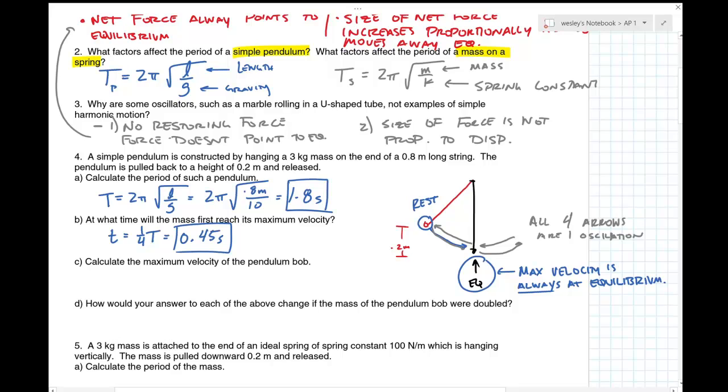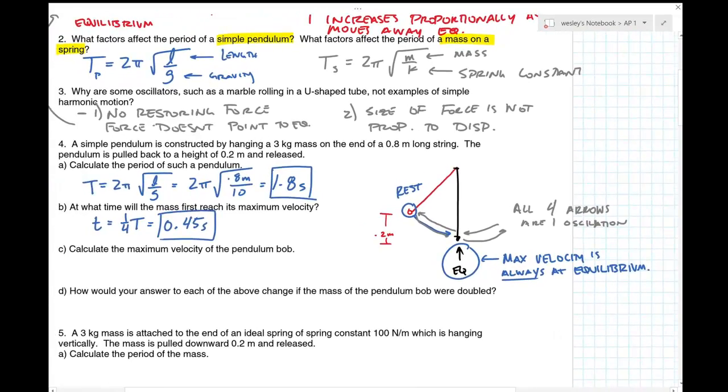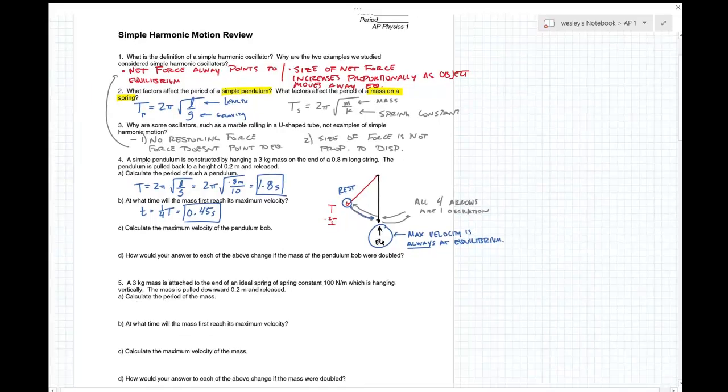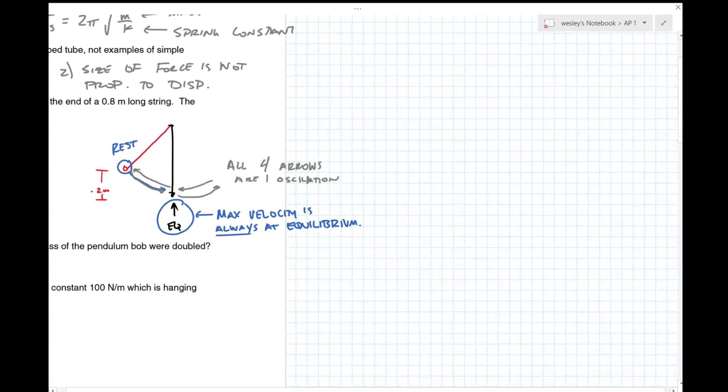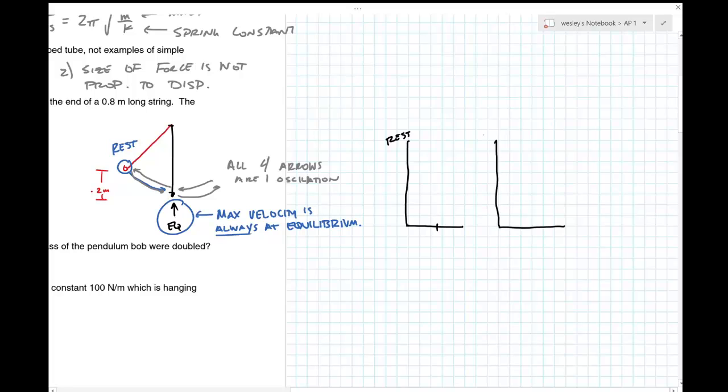Part C is to calculate the maximum velocity of that pendulum bob. To do that, I'm only going to do it once, but we'll refer to this idea as we go through the review from now on. We're going to make those energy graphs. So at rest, we've got some energy that we're worried about, and at equilibrium, we've got some energy that we're worried about.